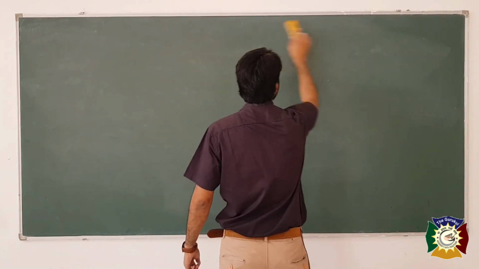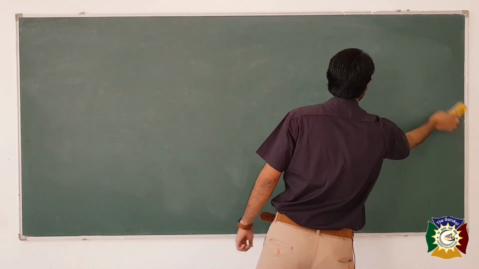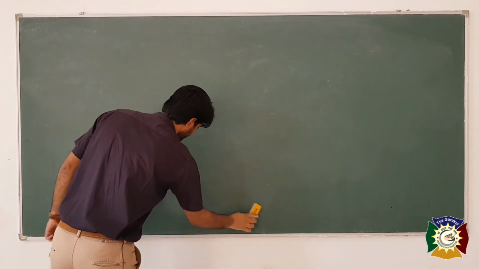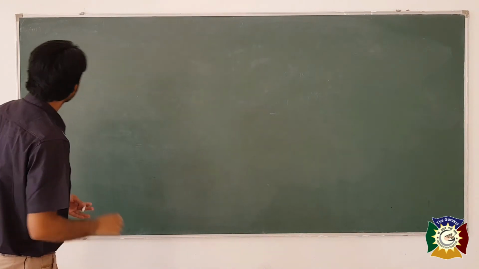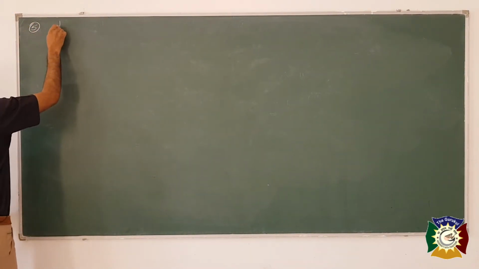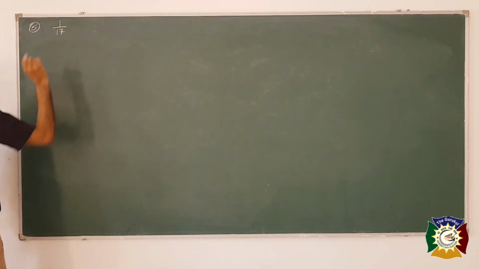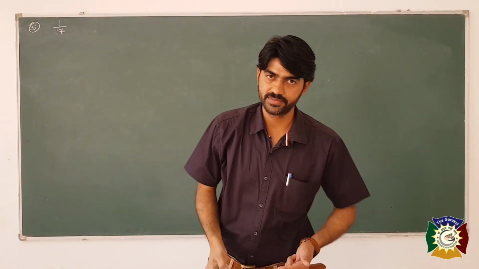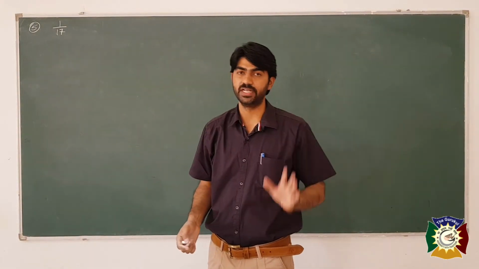For that we have a condition. Question number 5, 1 divided by 17. If I divide 1 by 17, what can be the remainder?